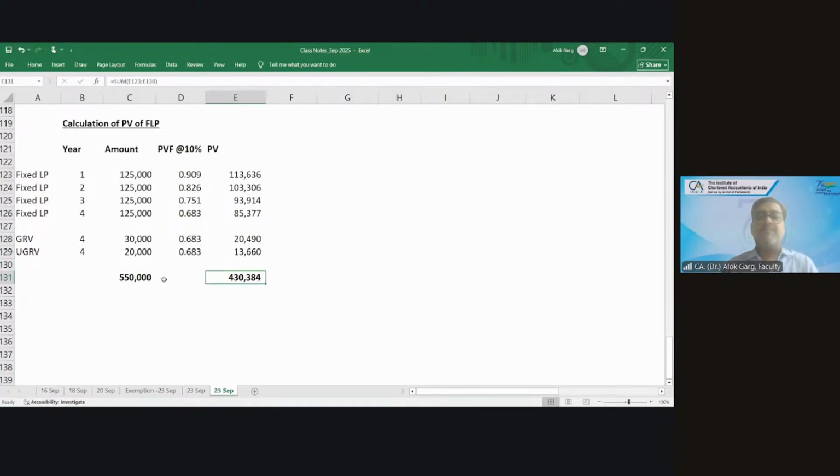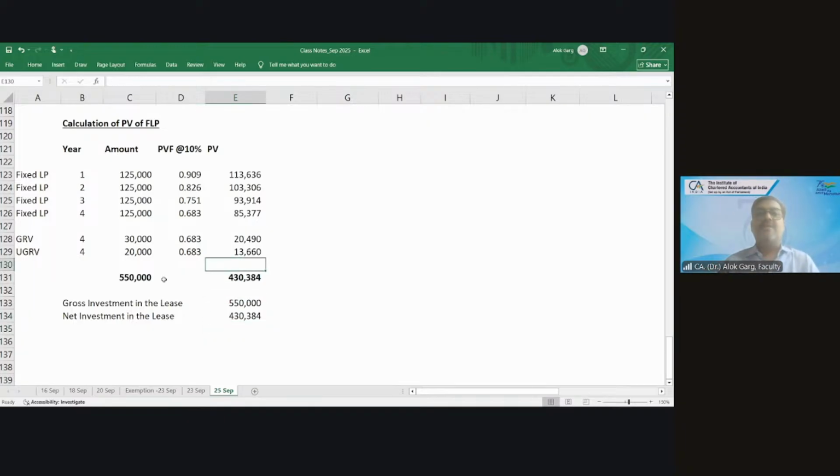So what is my gross investment in the lease in this case? 5,50,000 is the gross investment in the lease. And what is my net investment in the lease? It's 4,30,384, the present value of gross investment. I'm telling you these terminologies because they may come in the examination.